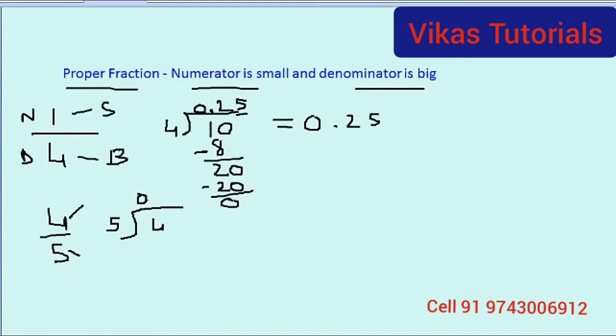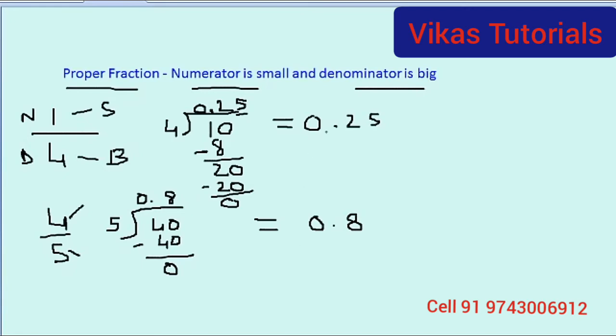So write 0, take a point here and write 0 here. Now read the table of 5. 5 eights are 40. So 40 minus 40 is 0. The remainder is 0. So 4 by 5 is equal to 0.8.